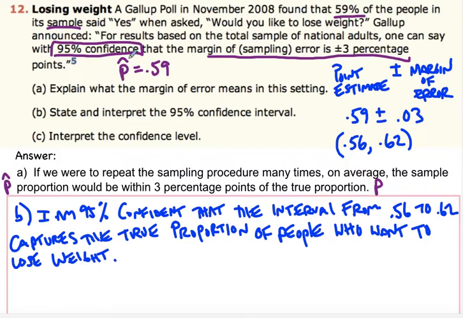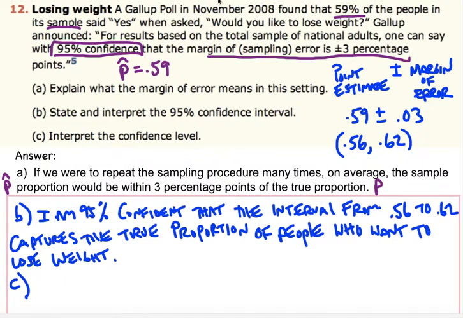So again, you're taking this little sample, and in our sample, it was 59%. We're going to use that to estimate what the whole population thinks. We've got this margin of error that we added and subtracted. So we're pretty sure that the proportion of people in the population who want to lose weight is somewhere between 56% and 62%. That's kind of a wide range, but again, we have high confidence. So the higher the confidence, the wider the interval.